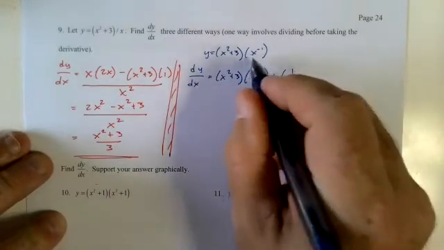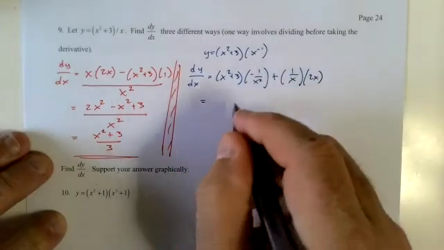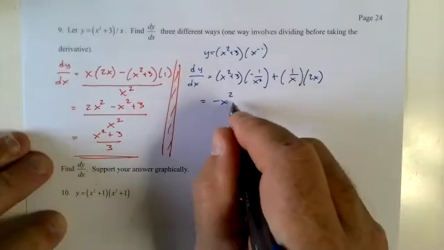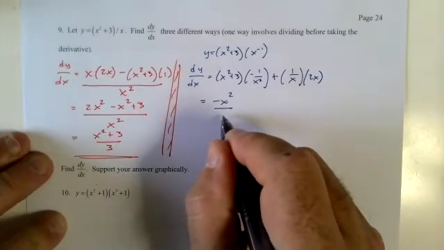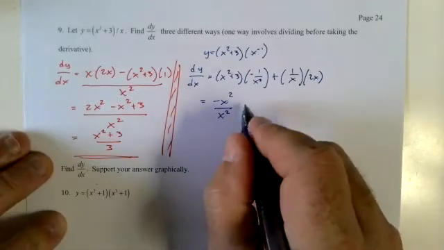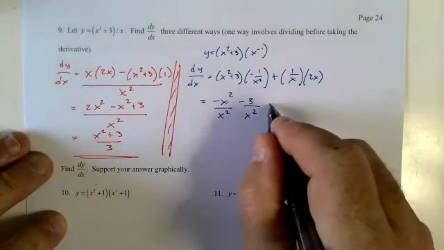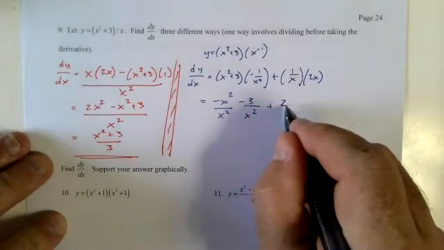Then I rewrite that, leave it, 2x equals negative x squared over x squared plus, no, minus 3 over x squared plus 2.